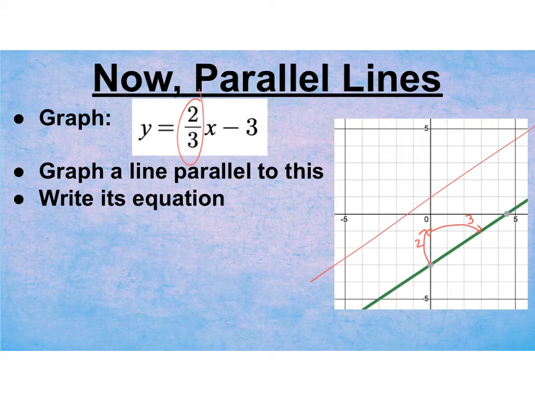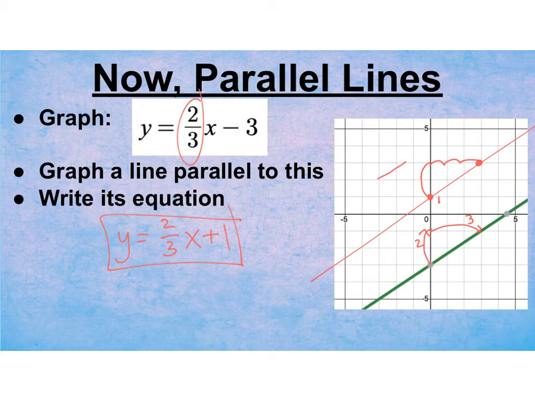So I happen to go through a y-intercept of 1. And let's see if I moved up 2 to the right 3, and I have another point, and those lines look parallel. So that's one line that would be parallel. It has the same slope of 2/3 with the x, and then a y-intercept of 1. So this equation is a line that's parallel to that.